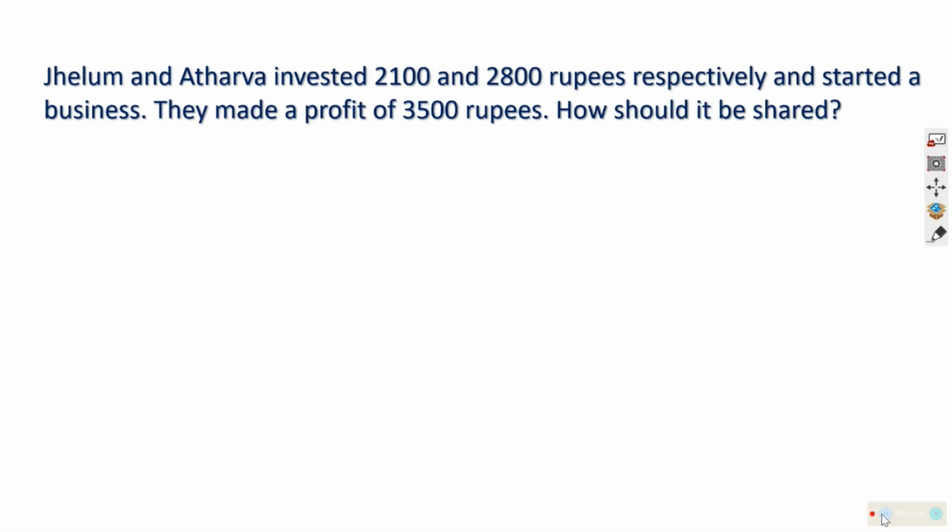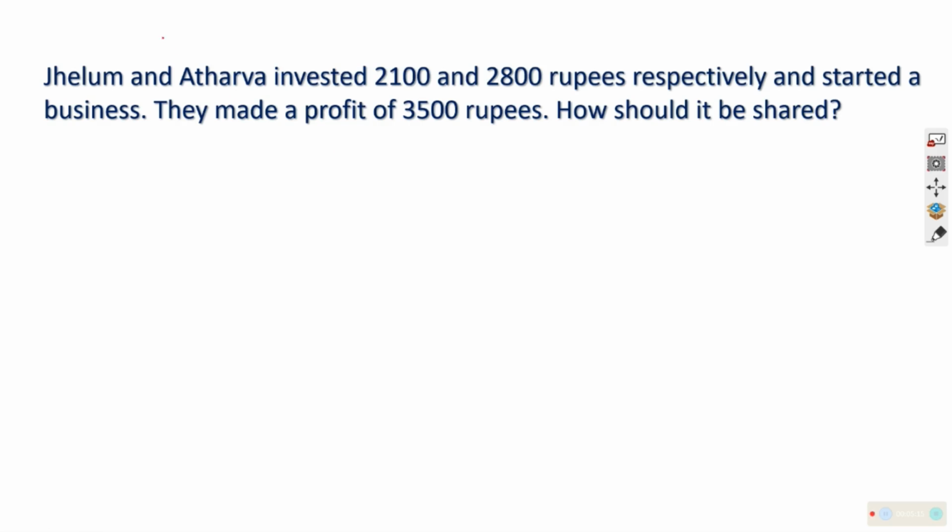Who are the two people who started the business? One is Jhelum and the other one is Atharva. Name is not important. But we know that they put together an amount to start the business. The amount is 2,100 by one person. The other person invested 2,800. Understood?